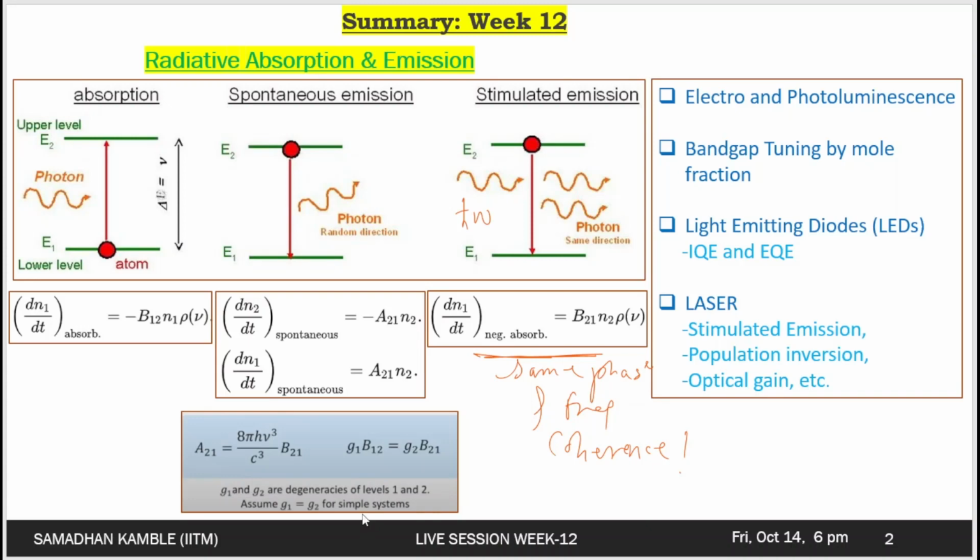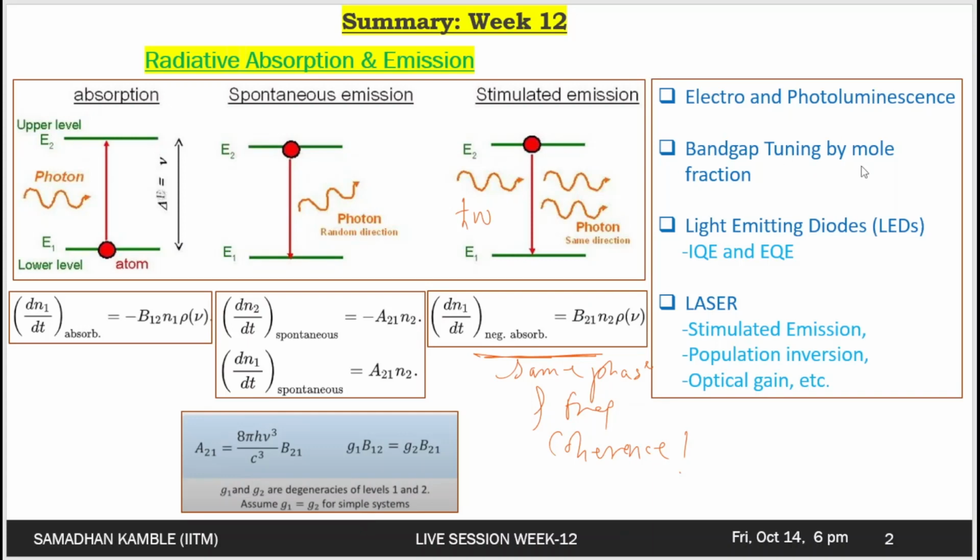So the stimulated emission is going to control the spontaneous emission, and so on. If you know, let us say, B12, we can determine both B21 and A21; any one coefficient is what you need to determine the other two coefficients.